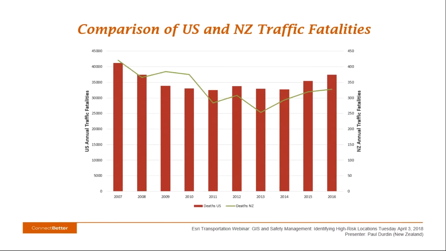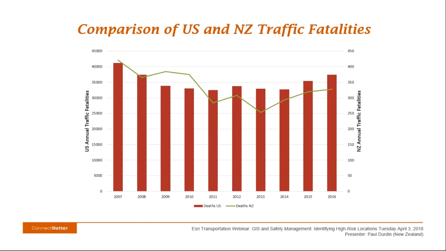Before I start on that, though, I thought it would be useful to provide a bit of a comparison between the US and New Zealand. So this chart here shows traffic fatalities in both the US and New Zealand. They're on different scales. So the US is on the primary vertical axis, and you can see that traffic deaths have declined from around 41,000 in 2007 to 38,000 in 2016.